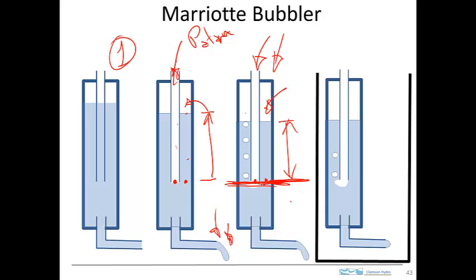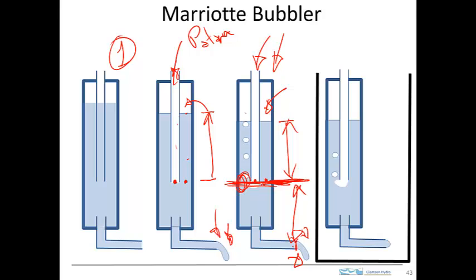Okay, so one of the things that we could do is just have the water flow out like I'm showing here. If the head at this tube is fixed, there would be a head difference between this point right here and the end. That head difference stays fixed, and so the flow coming out of this tube will stay constant.